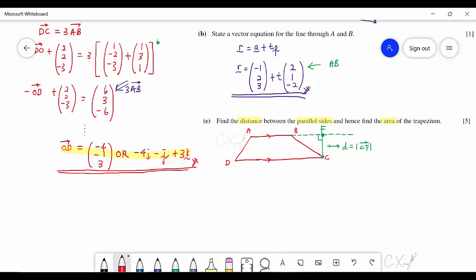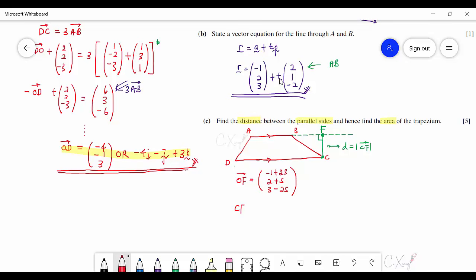Since F lies on the line AB, the position vector of F equals the vector equation of AB, just that the value of t might be different. So you can substitute by using s. OF I can rewrite as 1 plus 2s, negative 1 plus 2s, 2 plus s, 3 minus 2s. This is my position vector of F.